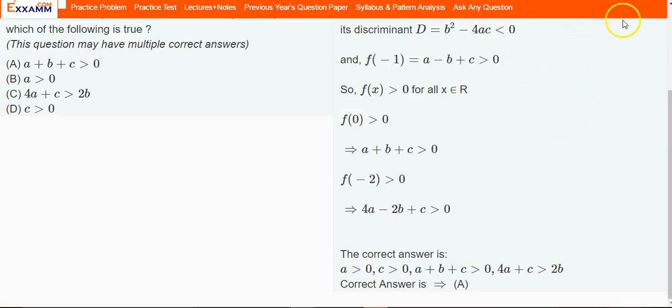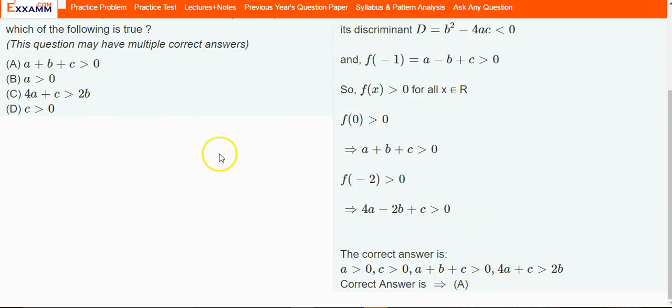So for all values it would be positive. If f(minus 1) was less than 0, then for all values f(x) would be negative. So now it is just a question of putting different values and we will get the solution. If we put f(1), then f(1) is also greater than 0, so we get this. Similarly, we get a greater than 0 and all that.